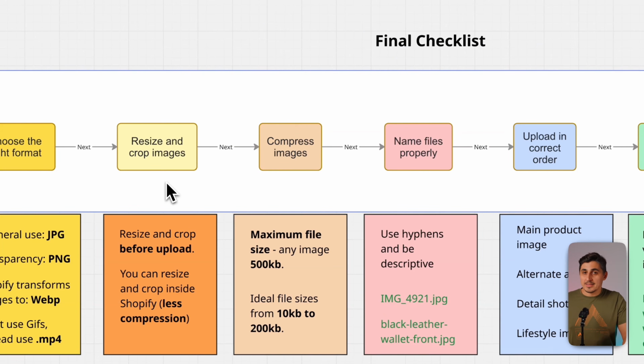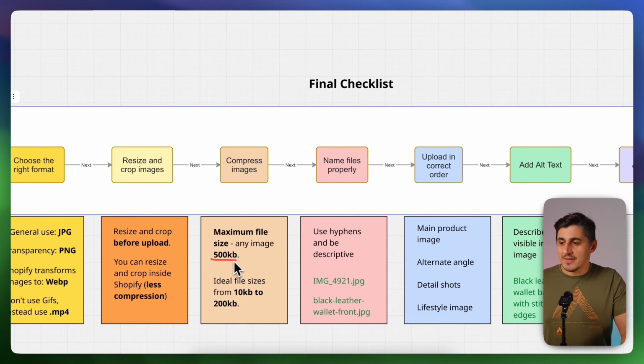If we have files that are larger than 500 kilobytes, we should reduce them because that will make the site download faster for users. And we should think about mobile devices that don't have such a fast internet connection sometimes. By compressing our images with tools like TinySEO or Squoosh, we are not only improving the user experience on our stores, but also improving the conversion rate.